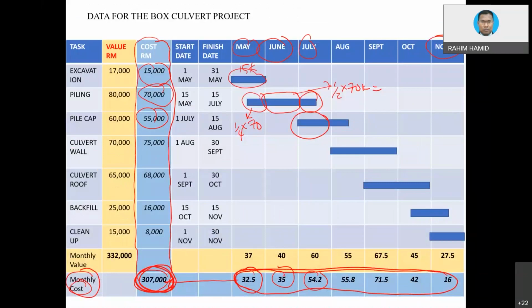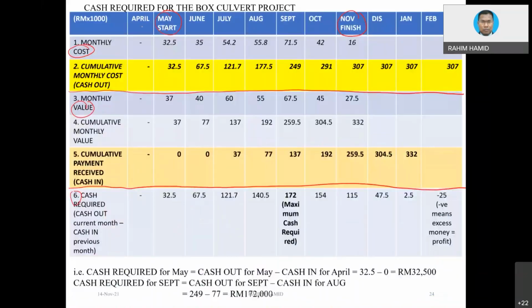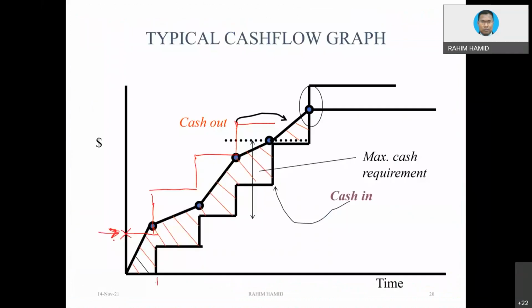But how come I have April before the start of the project, and a few months after, December, January, and February? If you remember the graph that we showed, you see this portion. When you do the calculation, you are going to extend a few months, because the payment that you are getting is not going to stop immediately when you stop a project. It will be extended a few months. So that's why we always do that.